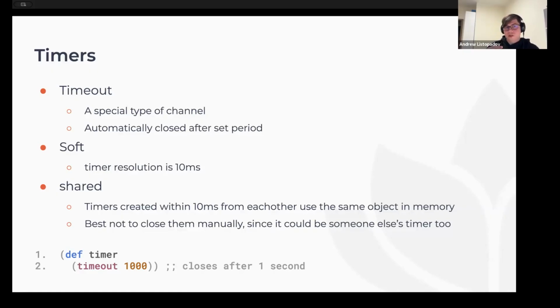So timers are cool because we can use them in tandem with everything else in this library to create operations that depend on some time. We can do stuff like waiting with a timeout.